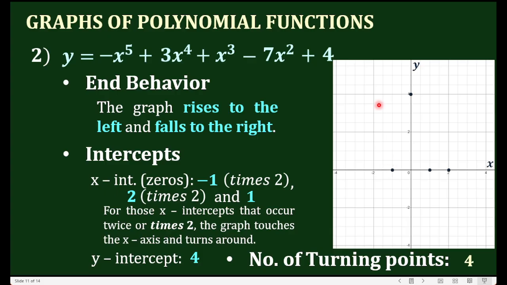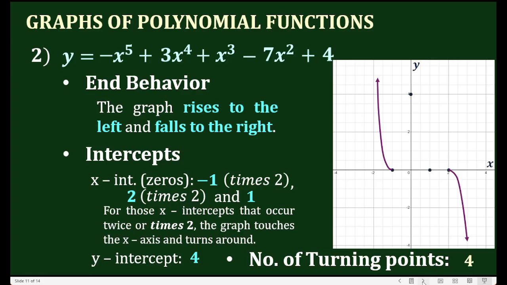And on the other end, from this point, we go down. Falls to the right. So, this is how we trace the graph. And then, going back to those zeros that occur twice, if this is your negative 1, it means the graph will just touch the x-axis and turn around.